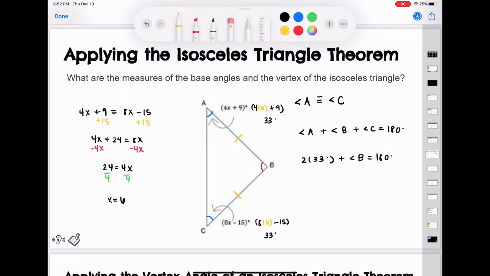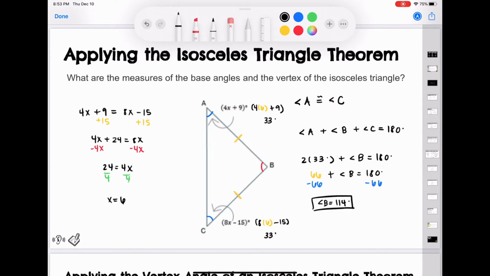That gives me 66. 180 minus 66, plug that into my calculator, which shows me that my measure of angle B is equal to 114 degrees.